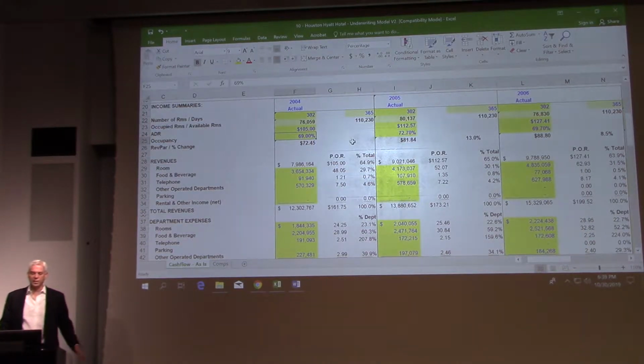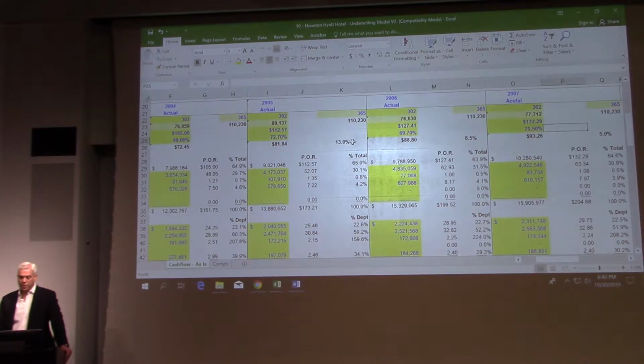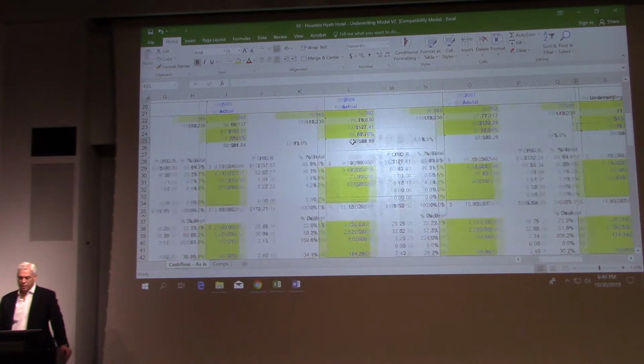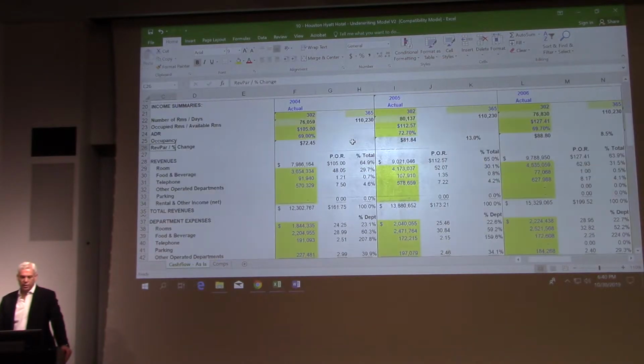The next thing I'm going to look at is occupancy. And so we're going from 69 to 72, then it drops down to 69, goes back to 70, and so we underwrote 70. The occupancy is pretty flat. And so you look at this number here, the change in RevPAR year over year.